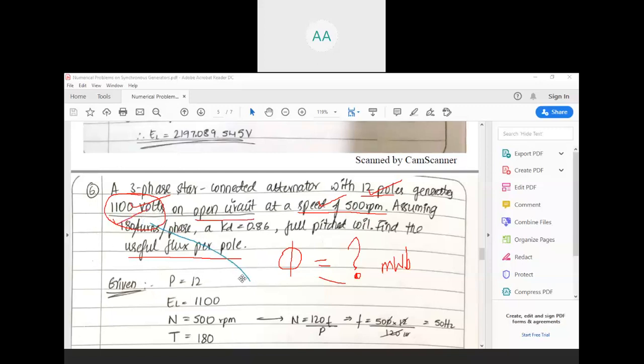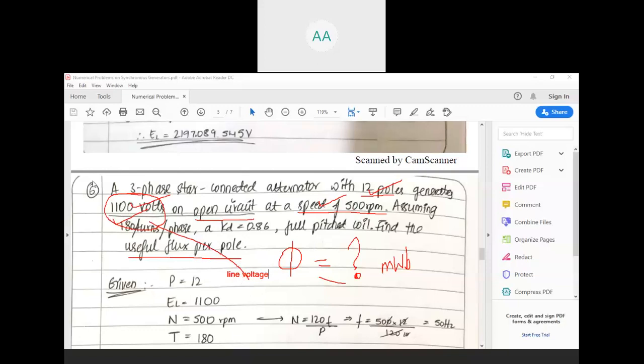This is the value given as line voltage. So 1100 volts is taken to be the line voltage. That is what you need to remember.